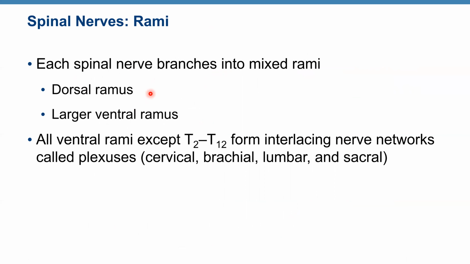Dorsal ramus is smaller and ventral is larger. All ventral rami except T2 to T12, so not in your thoracic region, but all other ventral rami, form networks that are called plexuses. So we have cervical plexus, brachial plexus, lumbar plexus, and sacral plexus.